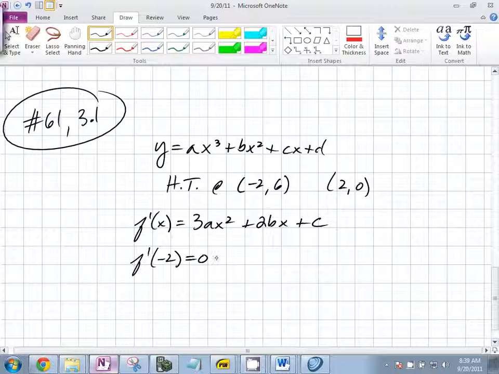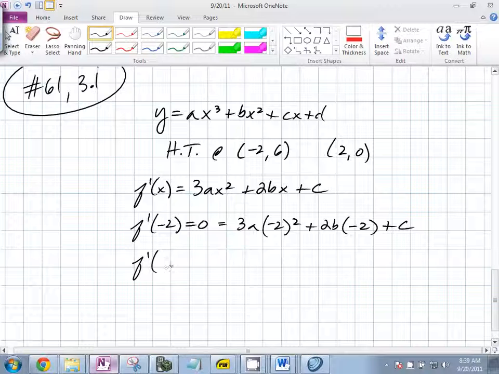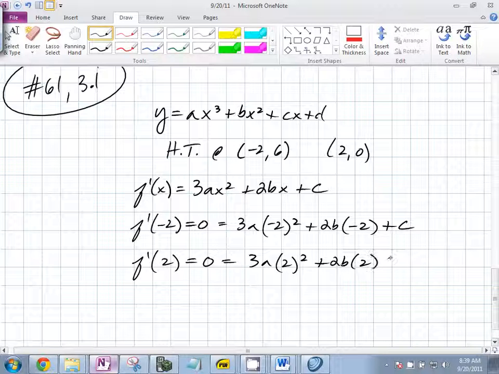So 0 equals 3a times -2 squared plus 2b times -2 plus c. And we also know f prime of 2 has to be 0, so that's 3a times 2 squared plus 2b times 2 plus c.